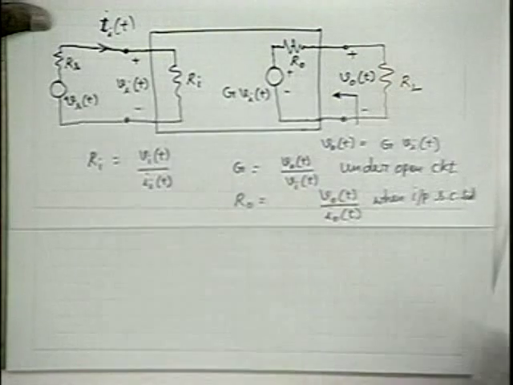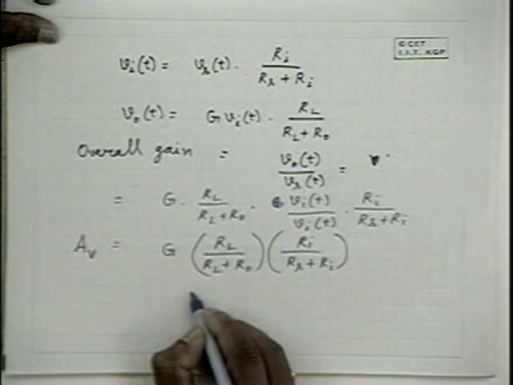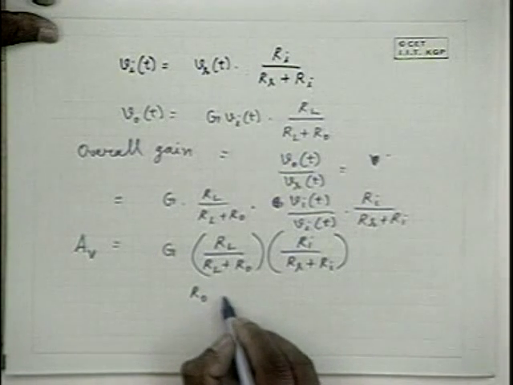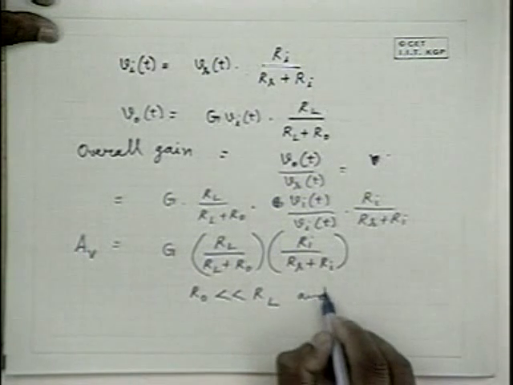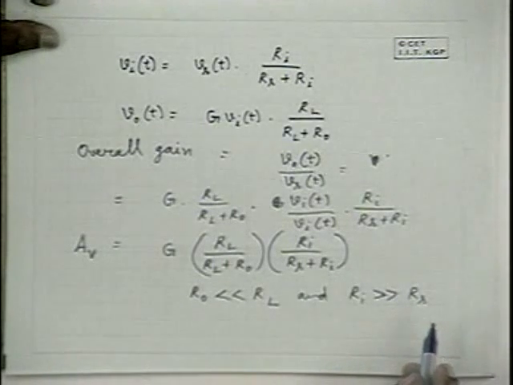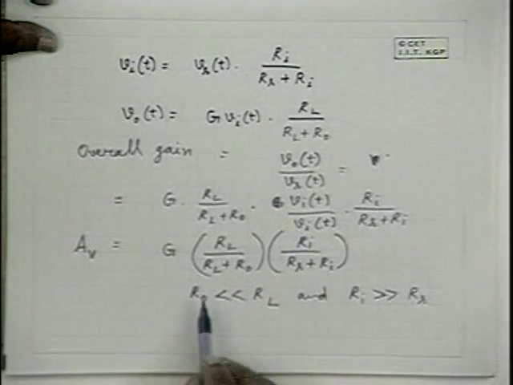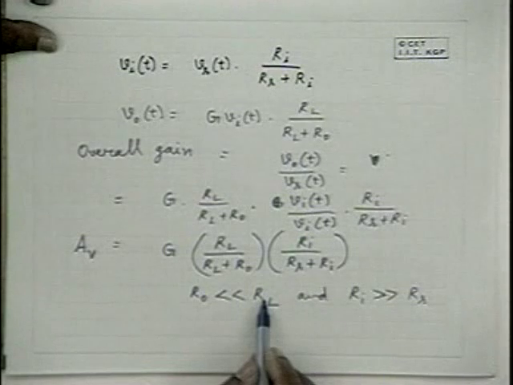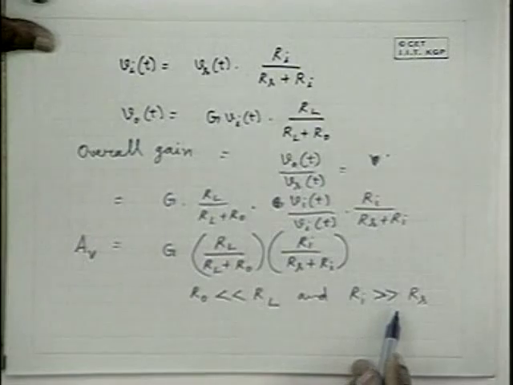So in order to get large gain in a voltage amplifier, we want R naught to be much smaller than RL and Ri to be much larger than Rs. Therefore, for the voltage amplifier, these are the desirable things. That means output impedance should be much smaller than the load resistance and the input impedance should be much larger than the source resistance. Is it clear? So we shall continue the classification in the next class.